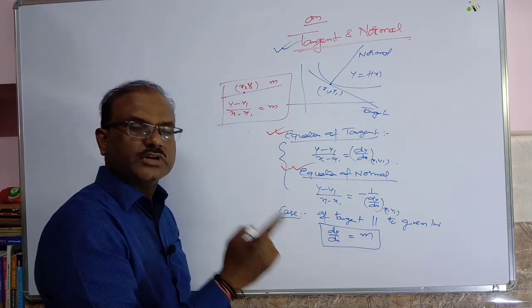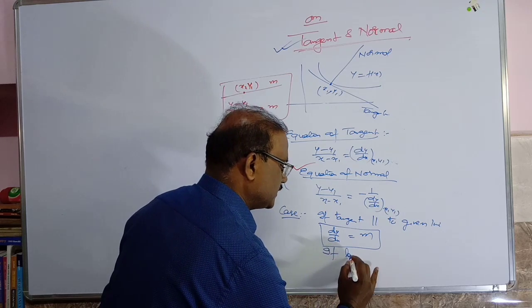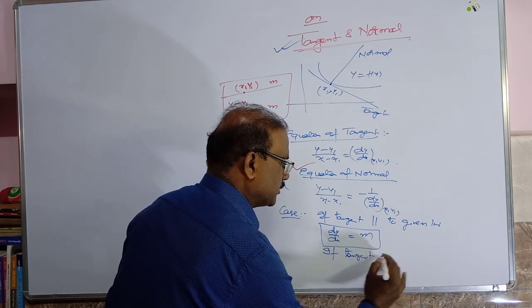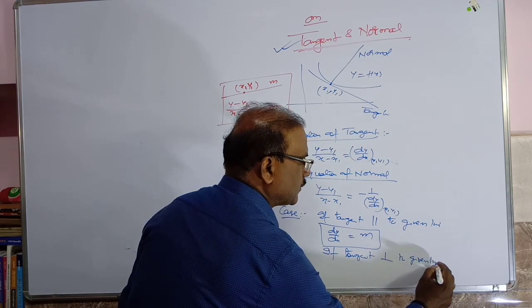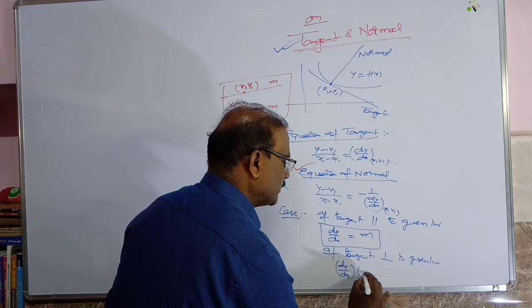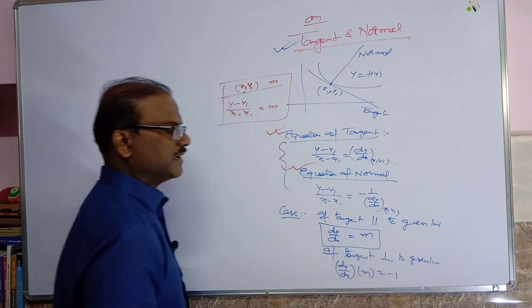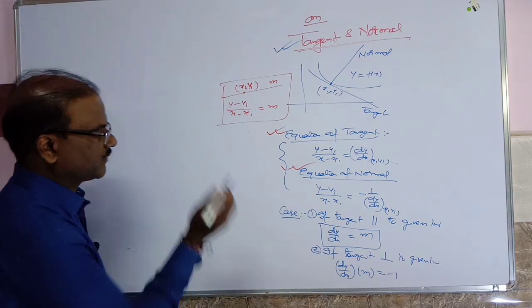Okay, if the tangent is perpendicular to a given line, then dy by dx into the slope of that line equals minus 1. We have to do it in that way.